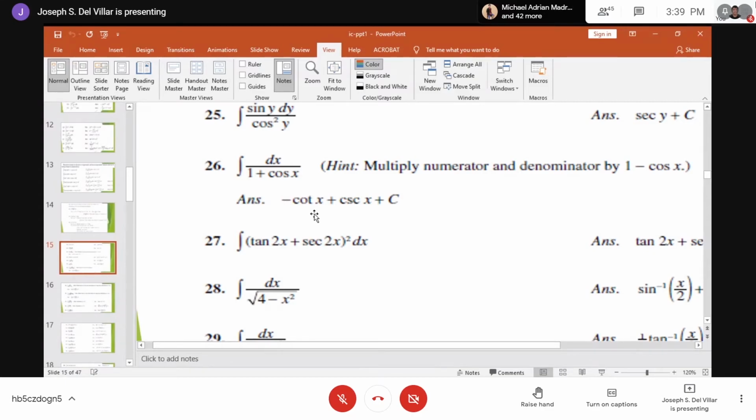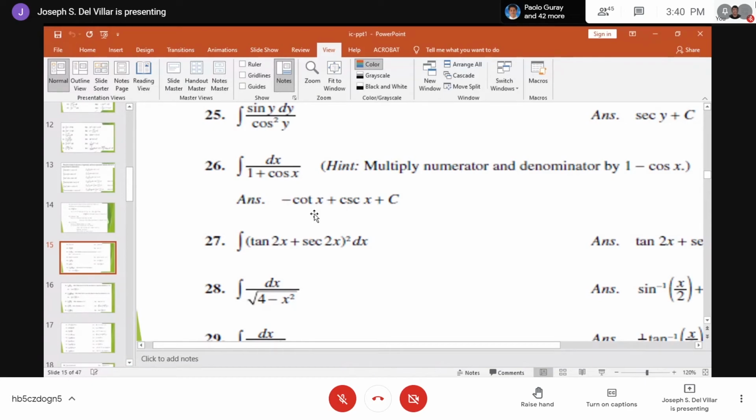Oh, and then what is next? Observe, sir, yung denominator, sir. By Pythagorean theorem po, sir, 1 minus cosine squared x is equal to sine squared x. Yes, that's correct, no? So try to recall the Trigo identity. Yung cosine squared plus sine squared equals 1. Di ba? So, meron tayong 1 minus cosine squared that is simply equal to sine squared.